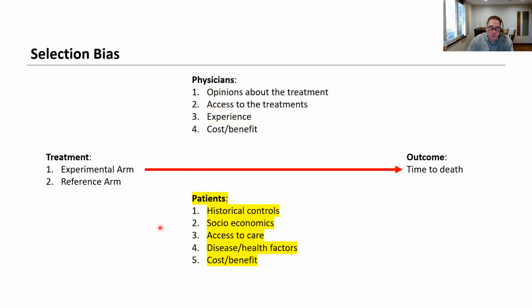The physicians then enroll patients, and it turns out those patients have a similar set of biases when they come in. Their biases related to socioeconomic status. Some patients have more or less access to care. There are different disease and health factors that they bring. They have questions about the cost benefit analysis also, and so they have opinions about how or when or what to expect from this treatment.